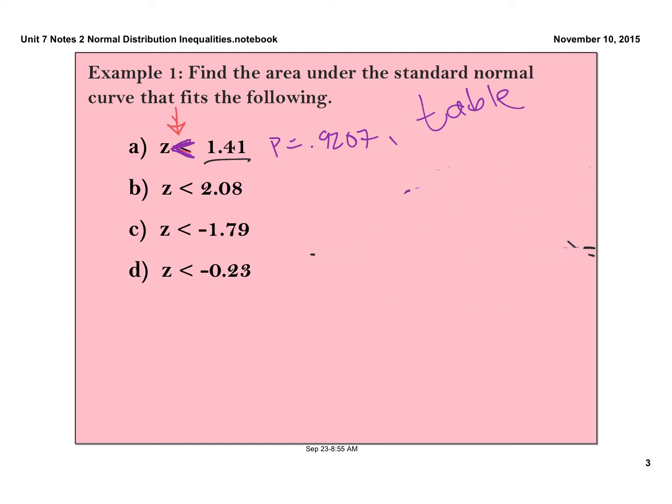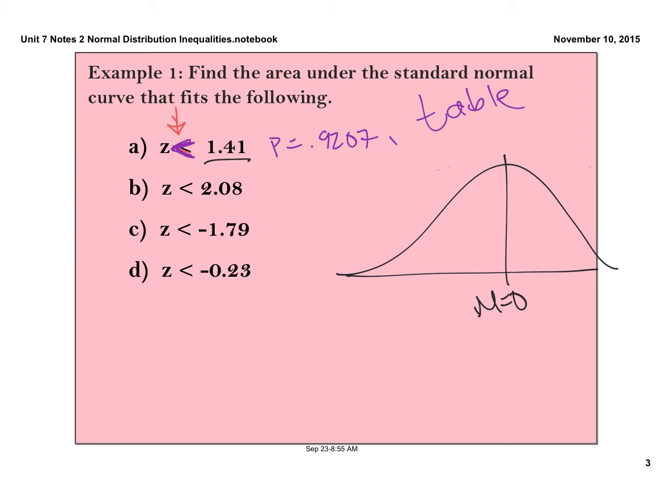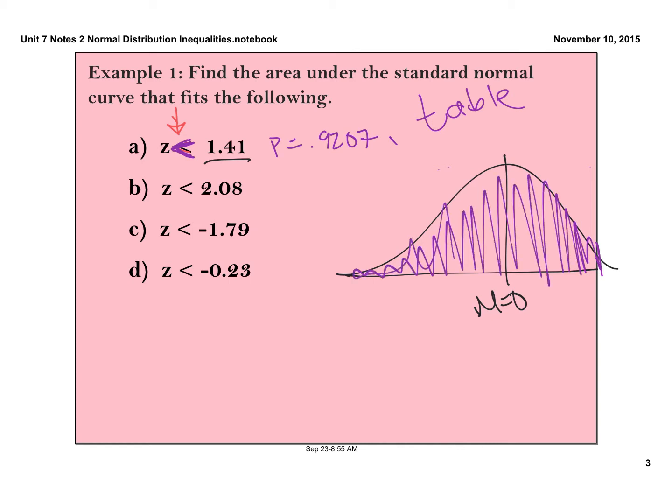All right, so let's do a new graph here and look at the next one. So Z is less than 2.08. 2.08 is really up high on our normal chart. So let me go back to my normal curve. Here's my mu of 0 or mean of 0. 2.08 is up here, like way up at the top. And again, I'm going less than, so I'm way big region all down here. And then I want to find what that probability would be.